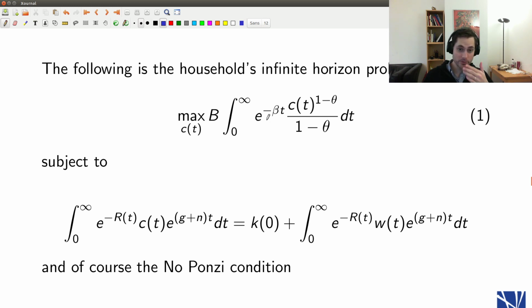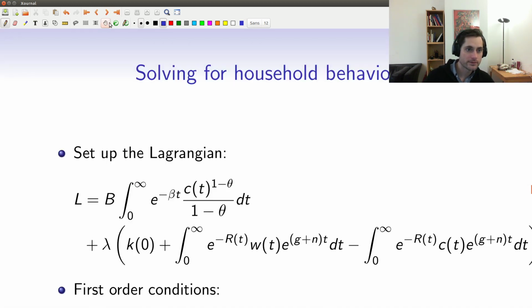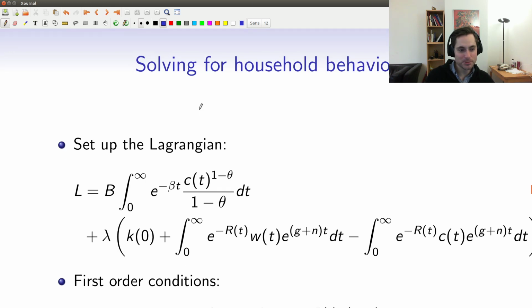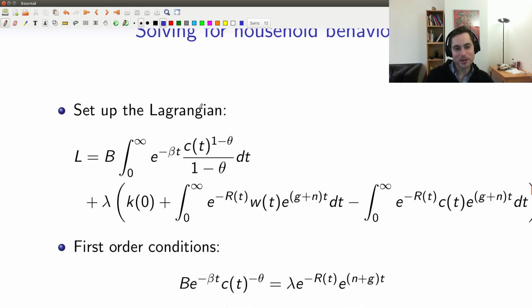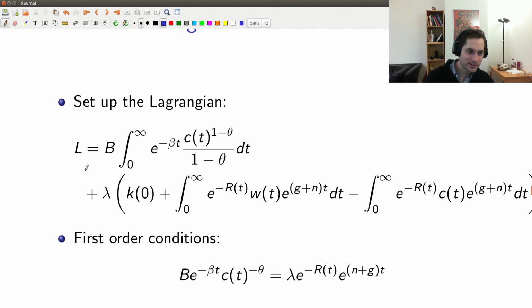Since there's no uncertainty, the household's just going to plan its whole stream of consumption optimally. And that's important here because we're going to optimize using the method of Lagrangian multipliers. We want to be slightly careful because this lambda here is not going to have a time subscript. Why is that? Because there's only a single budget constraint. There's only a single lambda.